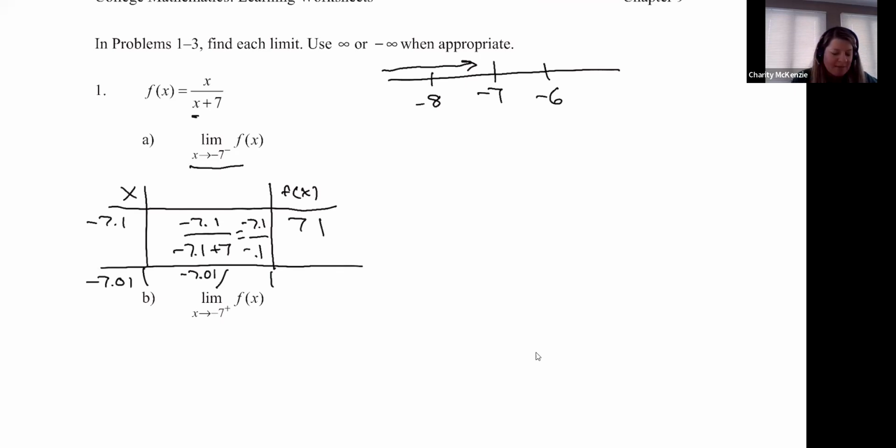And then on the bottom, the -7.01 plus the 7 is now going to give us -0.01. So I'm going to divide those. 7.01 divided by, see how it's going to move the decimal one more, and I get 701. So I can see it's getting bigger and it's going towards infinity as I get closer and closer to -7.